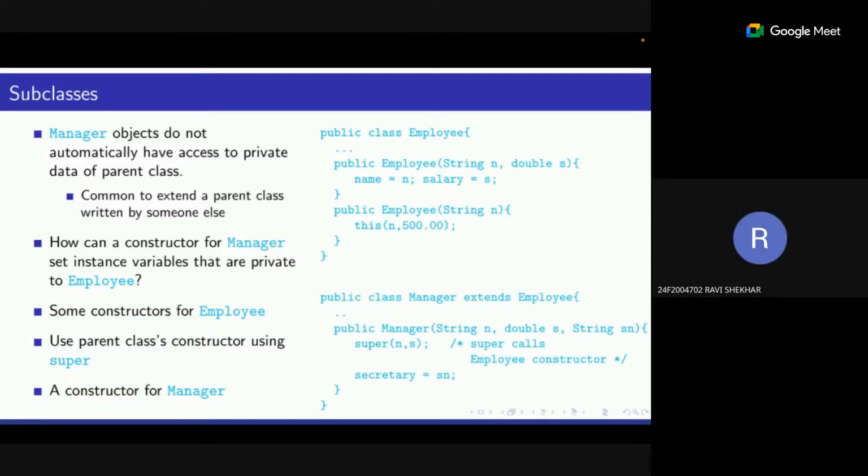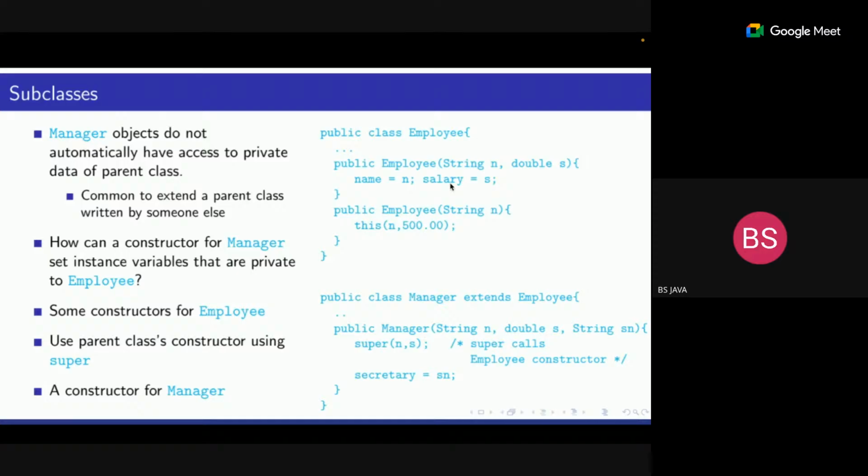Ma'am, I missed that. Can you please repeat your last statement? So see here, we want to create an object of manager, and we know that even subclass members cannot access the private instance variables of the employee class.